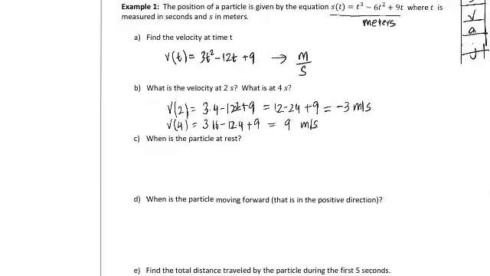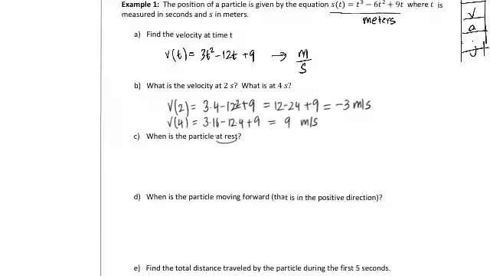Okay. When is the particle at rest? At rest means the particle is not moving, and it doesn't have to be at s equal to 0 to not be moving. It not moving means v will be equal to 0. Okay, so we take the velocity equation and we set it equal to 0 and we solve. This is a quadratic equation.